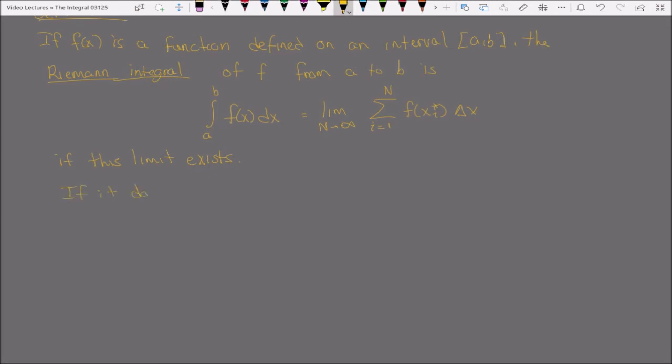If it does exist, we say f is Riemann integrable, or simply just integrable, on the interval a to b.